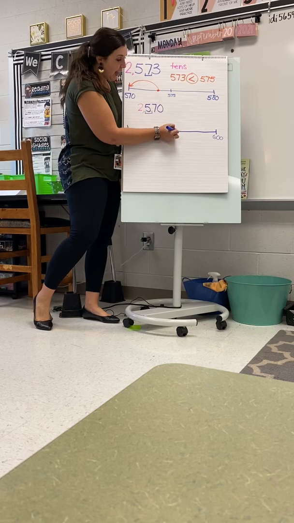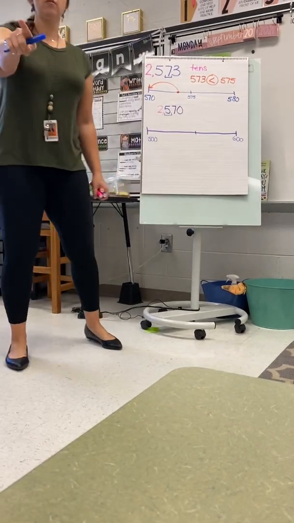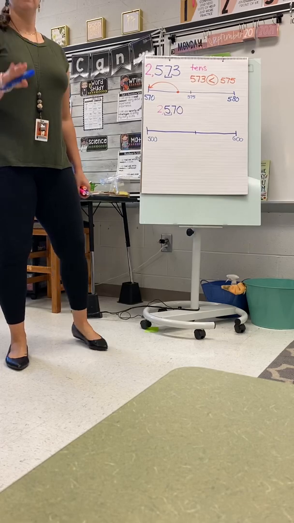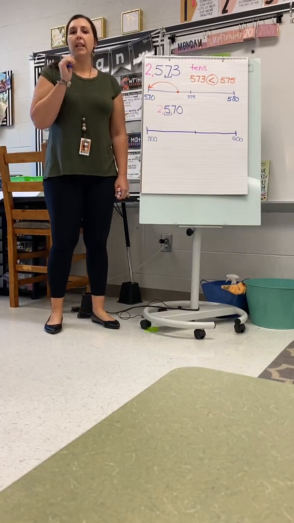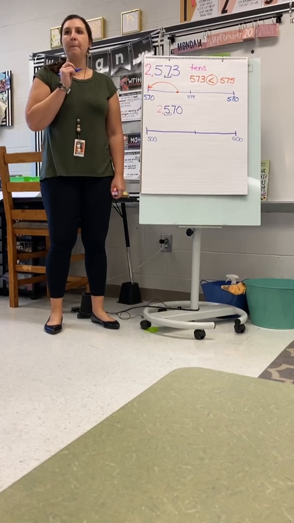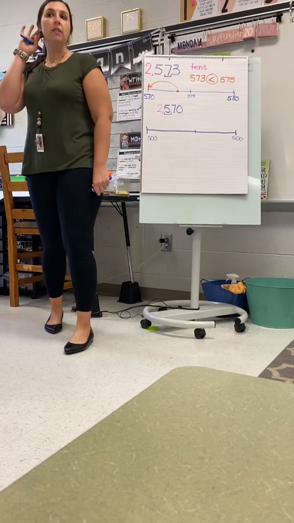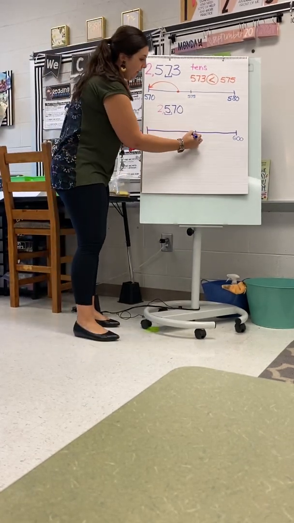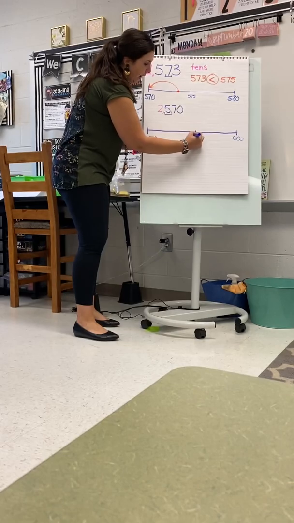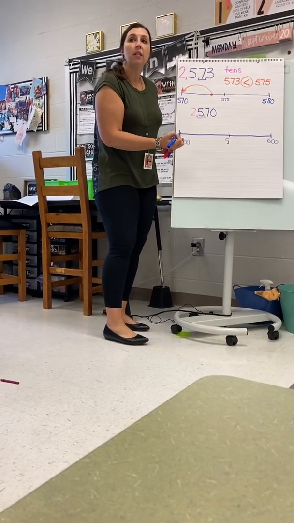So what do you think the halfway mark would be right here? And Avery, why don't you sit back a little bit because of the camera being right there. Thank you, sweetheart. Kennedy? 550?